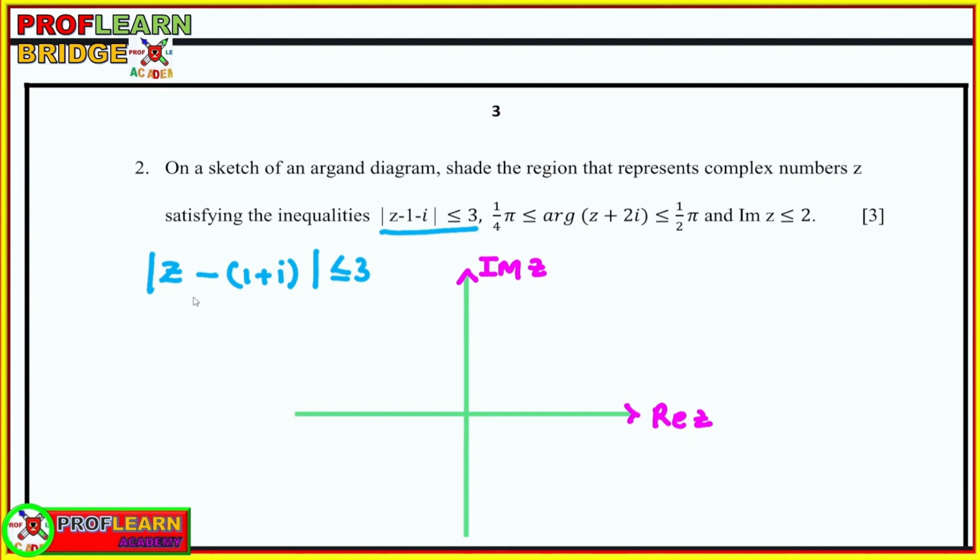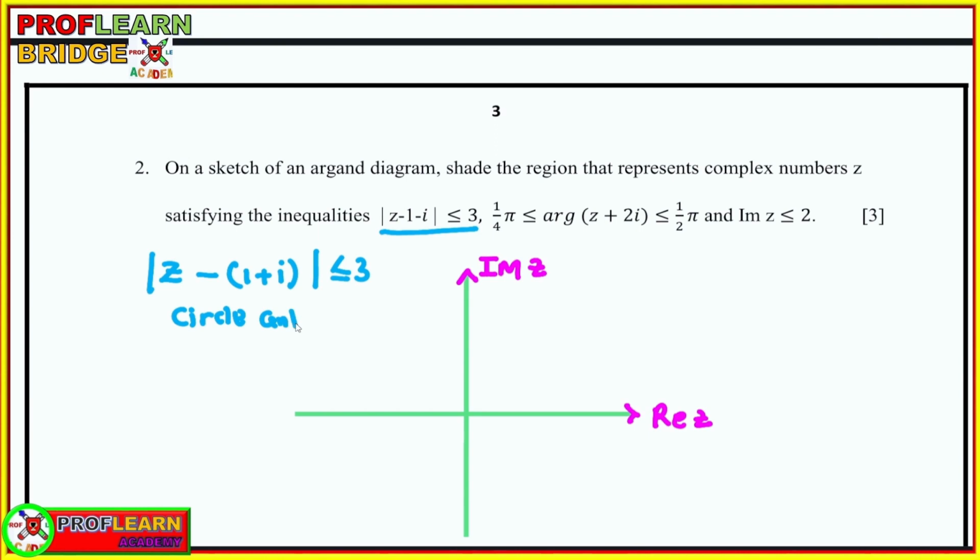this constant distance locus is actually a locus that represents a circle. And the center of this circle is 1 + i, and the radius of this circle is going to be 3. Since the inequality is less than or equal, it means the locus is representing the region inside the circle.